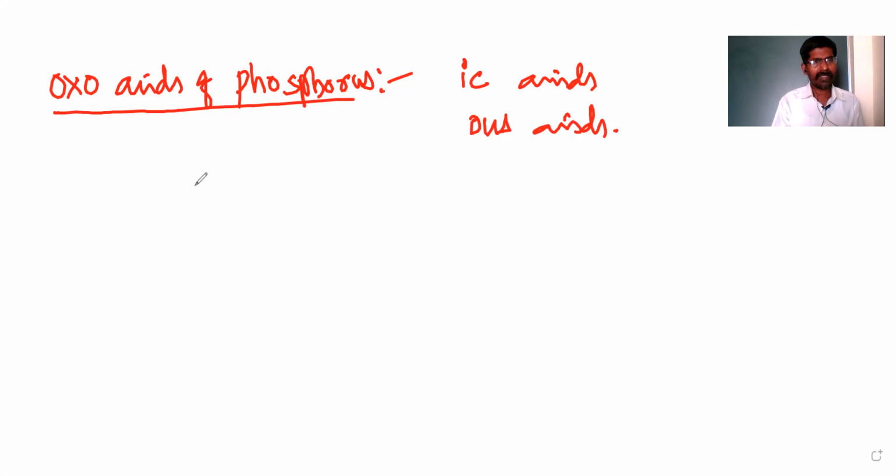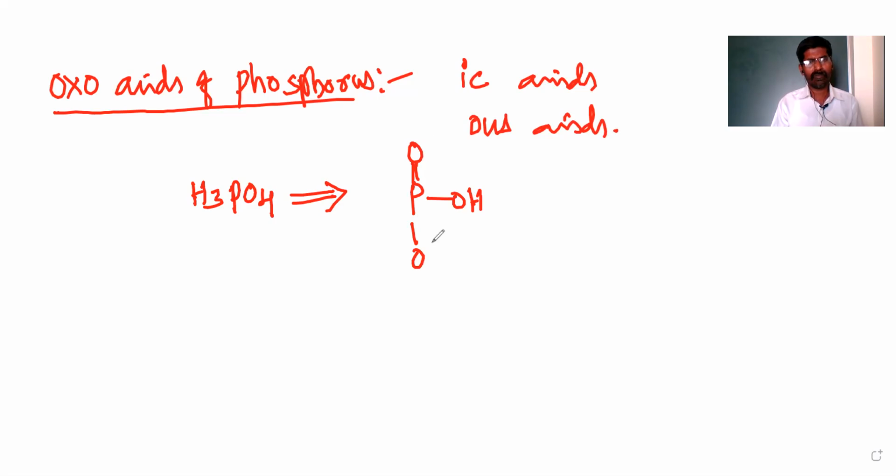H3PO4 is the orthophosphoric acid. That one is H3, and next is the PO4 compound. The structural representation of H3PO4: first write the phosphorus with a double bond to oxygen, and here one OH group, here the same one OH group, and this is also the same one OH group.